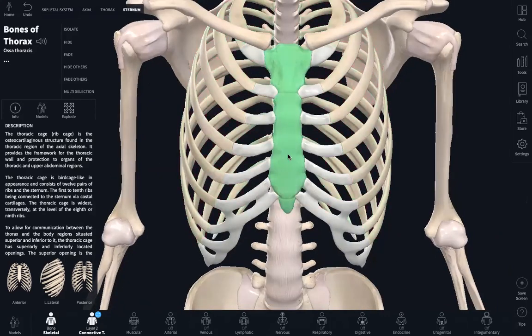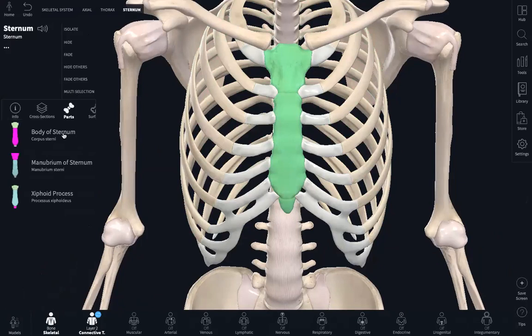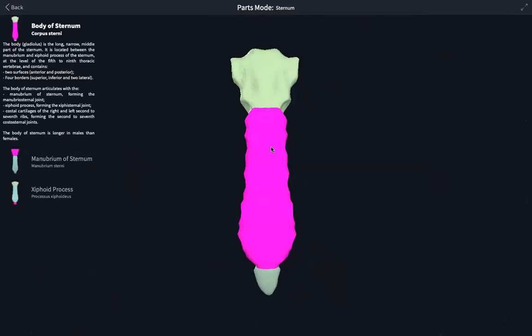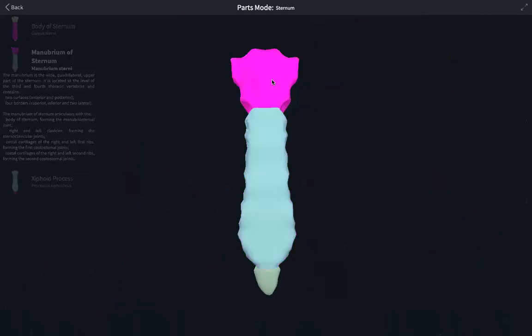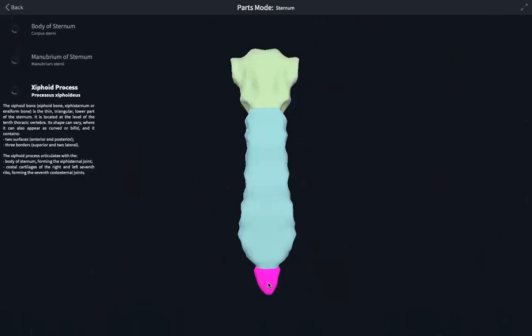Now let me isolate the sternum. Now this pink colored part which is highlighted is called the body of the sternum. This upper portion is called the manubrium, and the lowermost portion is called the xiphoid process. The diaphragm is attached to the xiphoid process. So movement of the diaphragm is controlled by the sternum.